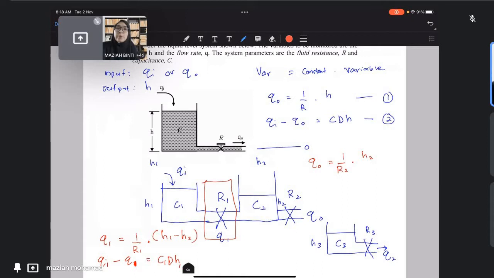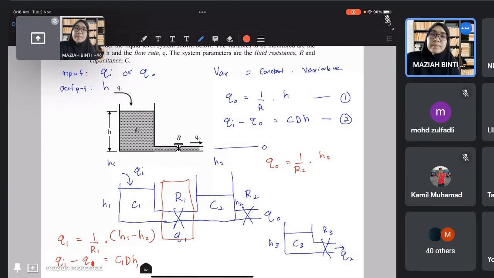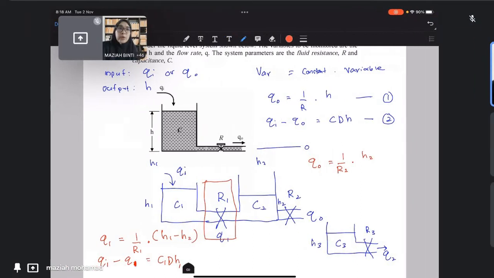For the volume. Okay, yes, that's correct. Okay, let's consider the volume. The volume in the tank will be equal to the input flow rate minus the output flow rate.